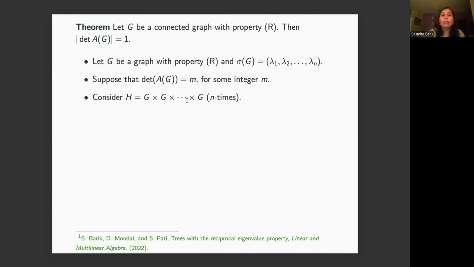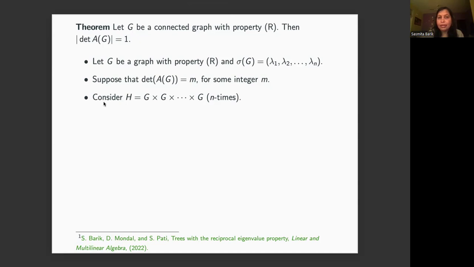What we have already proved shows the result. When I take G direct product G, I know the eigenvalues: they will be all products of eigenvalues of G with itself, lambda 1 times lambda 1, lambda 1 times lambda 2, like this, all two-products will be there. When you take another copy and multiply, all three-products will be there.